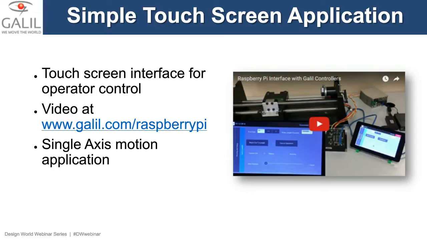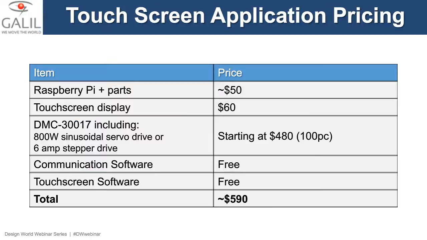So we've added a little bit of complexity. We've added additional motion, and we've added some software elements. So with this complexity, how much is this application going to cost us? So for this kind of application, for less than $600, you can get a touchscreen HMI, human-to-machine interface.